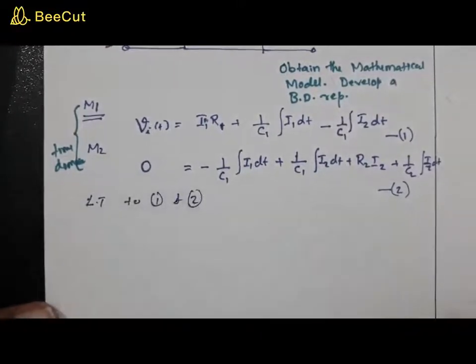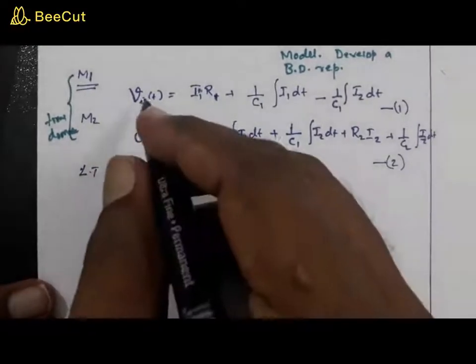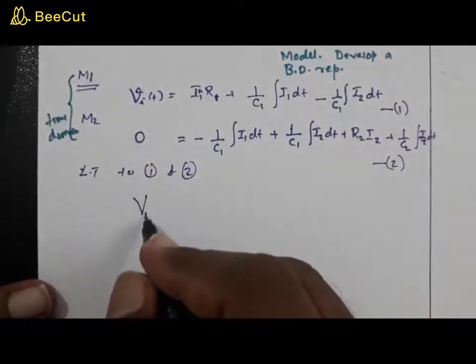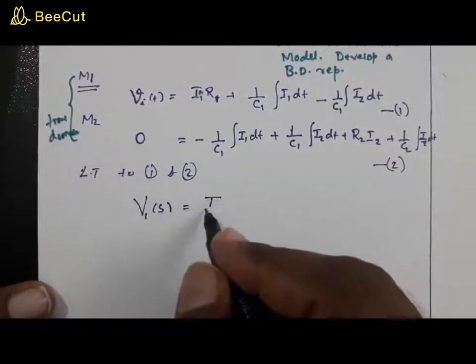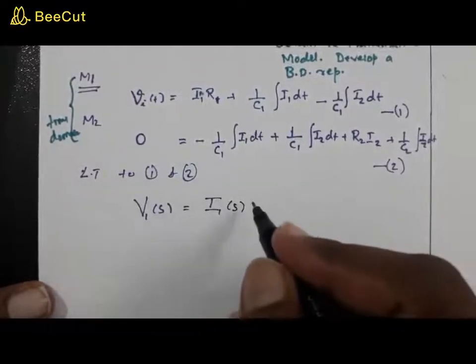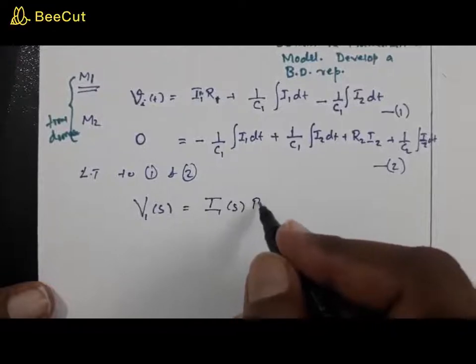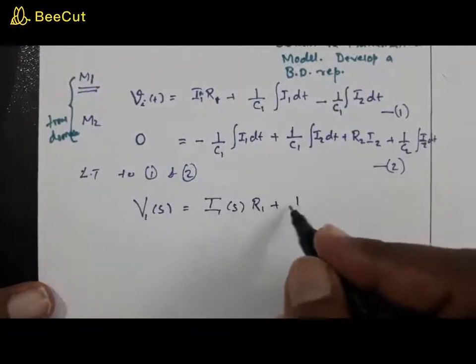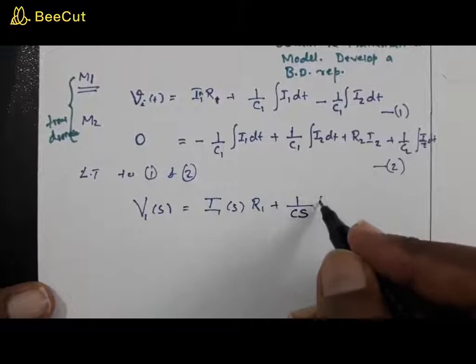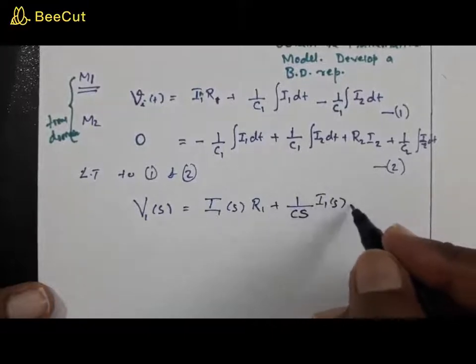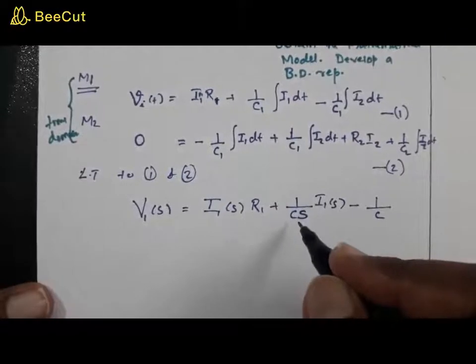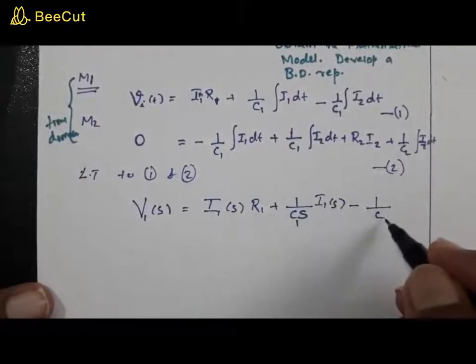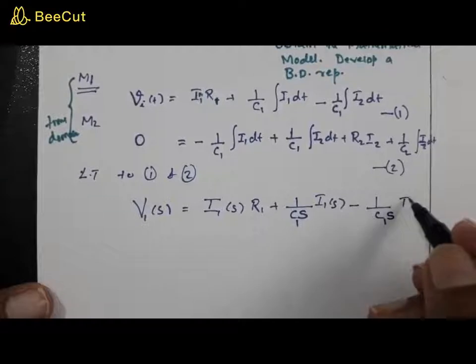Applying Laplace transform to 1 and 2, you will get this v1 of t written as capital V1 of s is equal to I1 of s into R1 plus 1 by C1s into I1 of s, minus 1 by C1s into I2 of s.